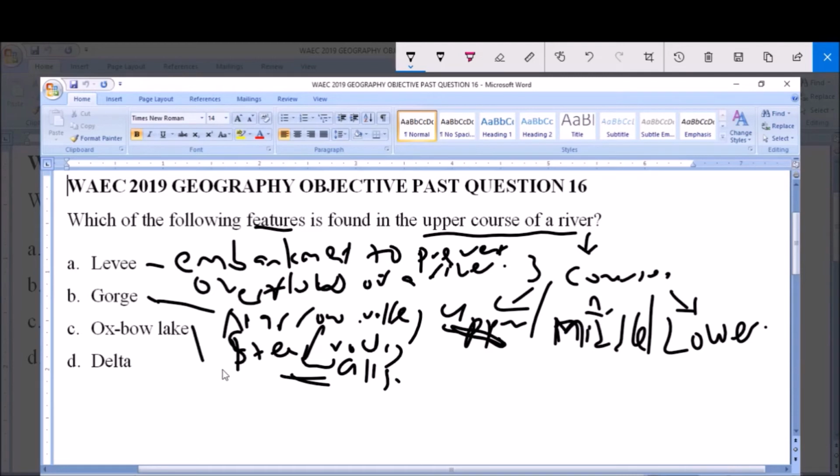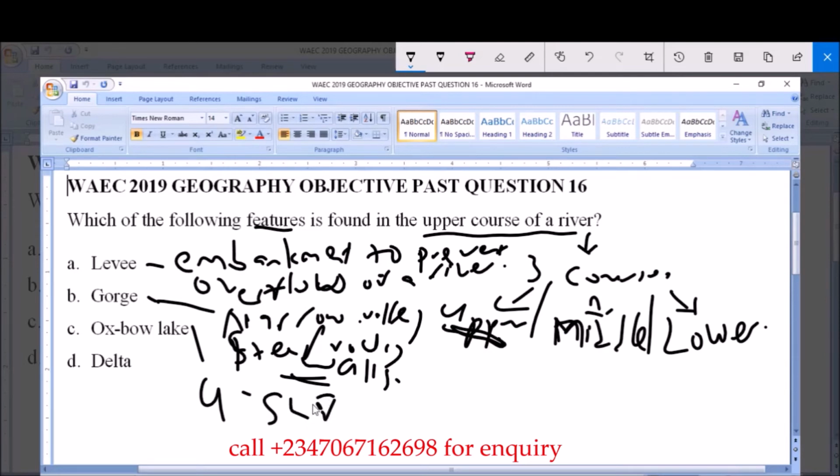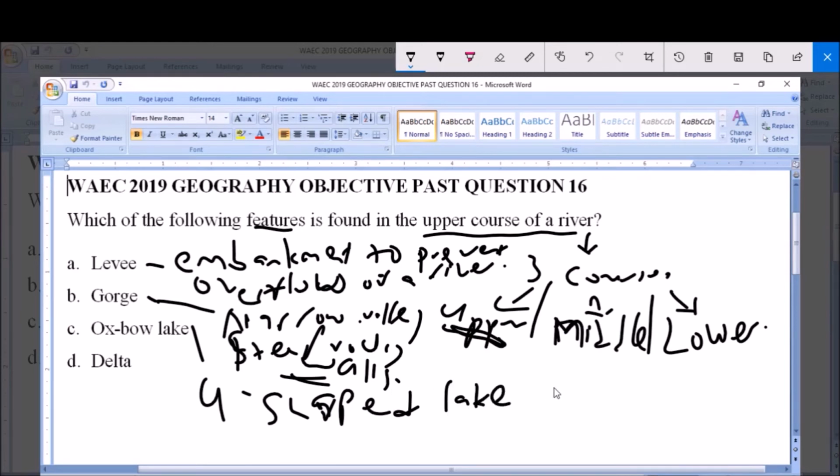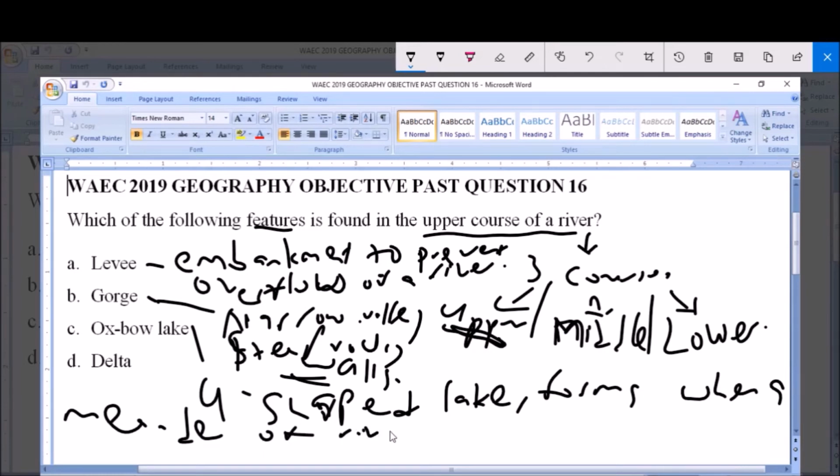Then we have Oxbow Lake. Now the Oxbow Lake is U-shaped in terms of its shape, so it is described as a U-shaped lake or water body that forms when a meander of a river, a meander or the river turns, is cut off.